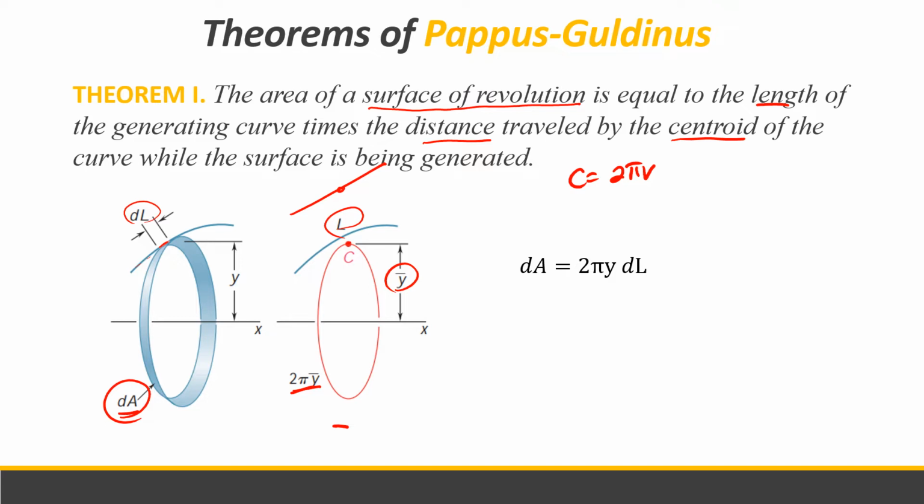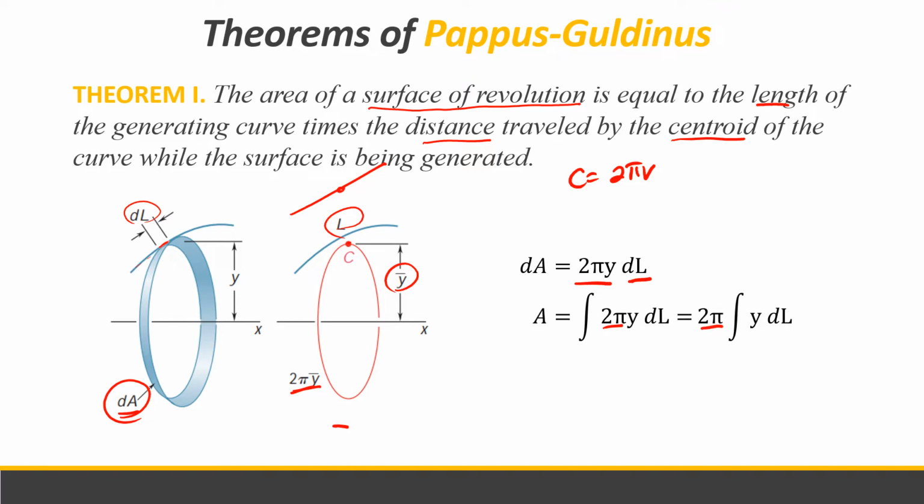So, the area of the surface of revolution is equal to the length multiplied by the traveled distance in reference to the centroid. Okay, so if you integrate this, the integral of dA is A, so it becomes the integral of 2 pi y dL. Since 2 pi is constant, we take out the 2 pi, so it becomes the integral of y dL.